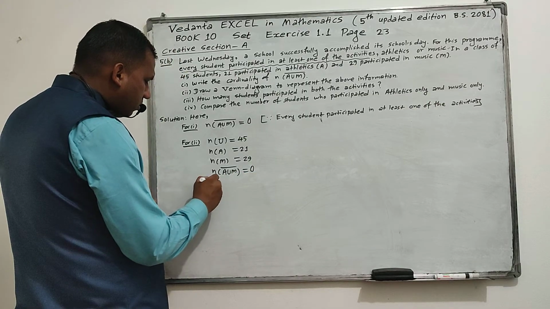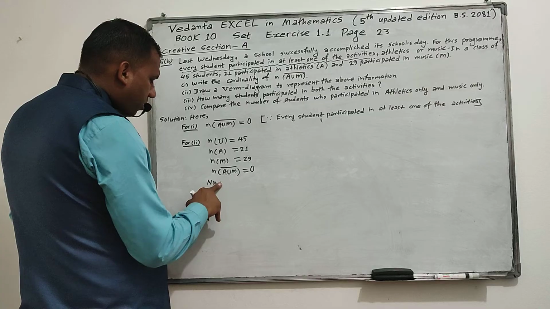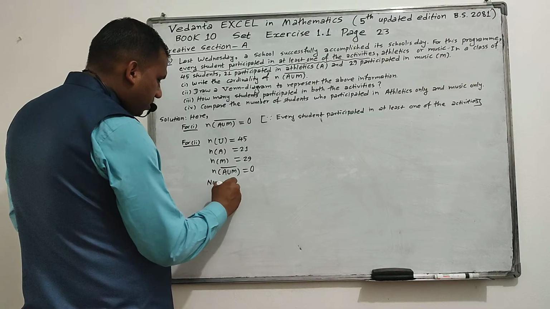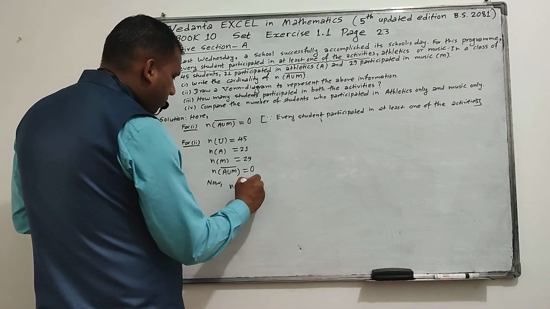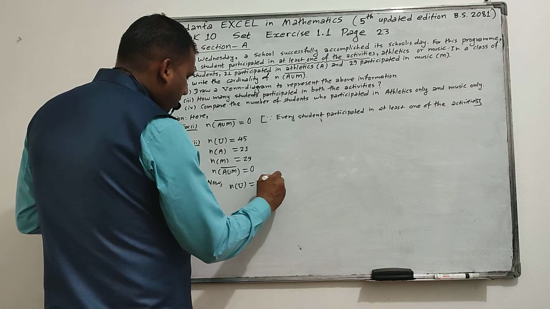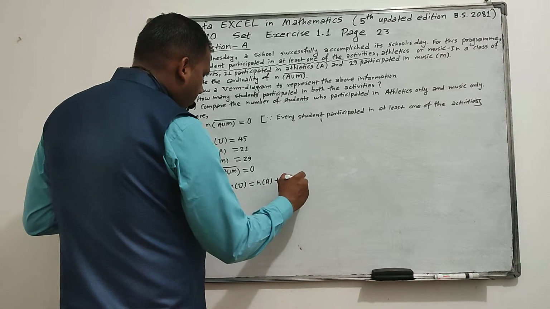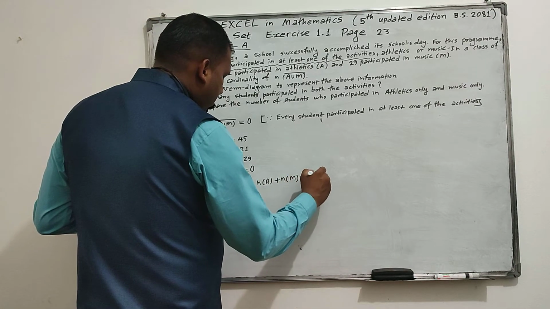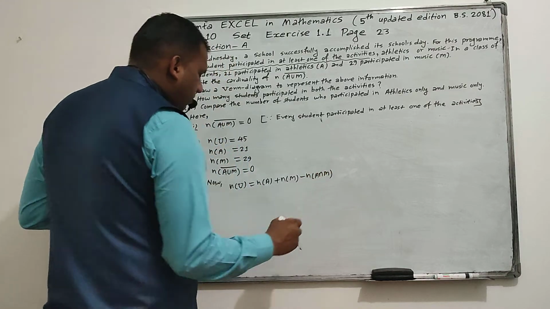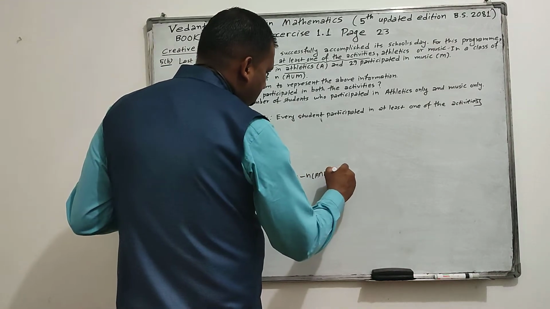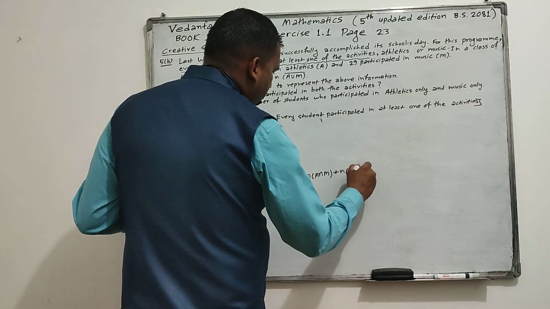Now, using the formula, number of U equal to number of A plus number of M minus number of A intersection M plus number of A union M whole complement.